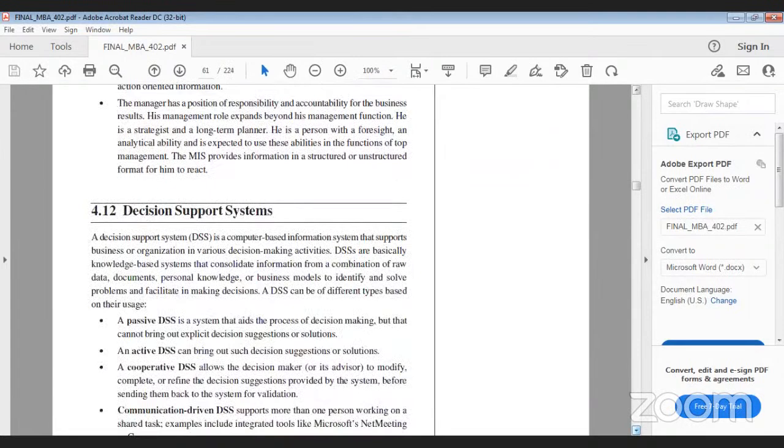Decision support system means a computer-based information system that supports business or organizations in various decision-making activities.